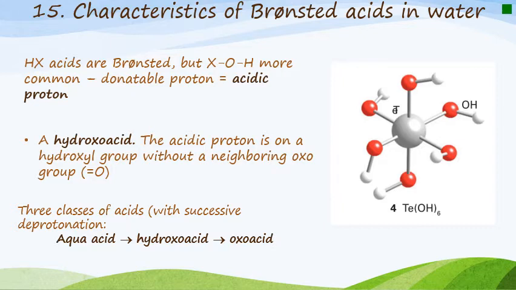If we look at the hydroxo acid, here we have an acidic proton that is on a hydroxyl group without there being a neighboring oxygen group. So if we look at the diagram, you will see that this is a tellurium metal and it's coordinated to 6 OH groups.